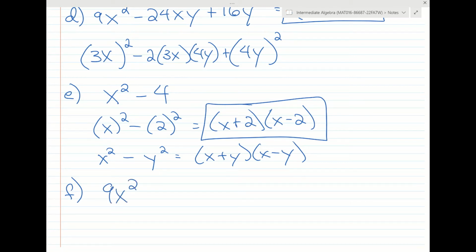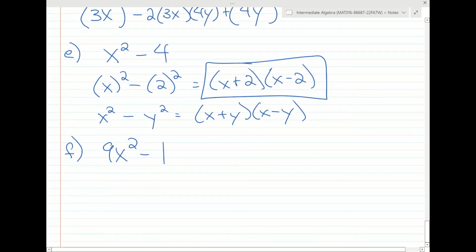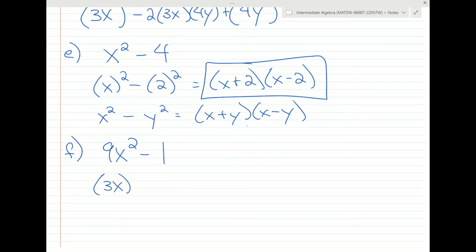Similarly, if we had 9x squared minus 1, this is the same thing as just 3x to the second minus 1 to the second. But according to the formula, we just write the first plus the second times the first minus the second.